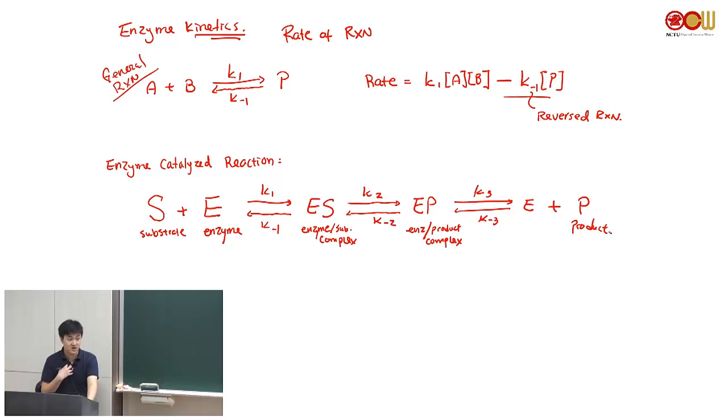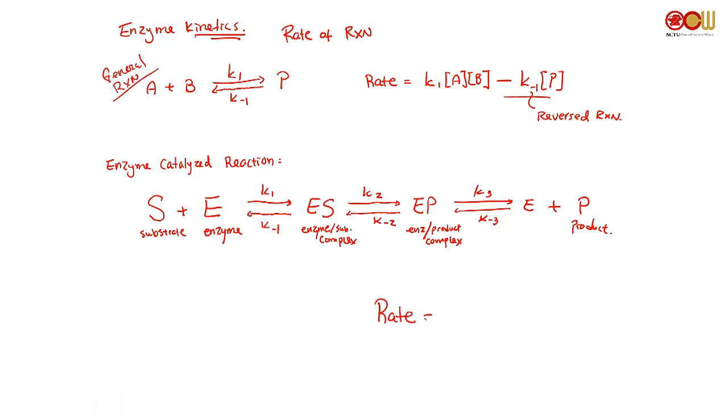So the goal for us, our ultimate goal today, is to get a rate expression. Rate is equal to some kind of rate constant times some kind of substrate concentration. So this is what we want.